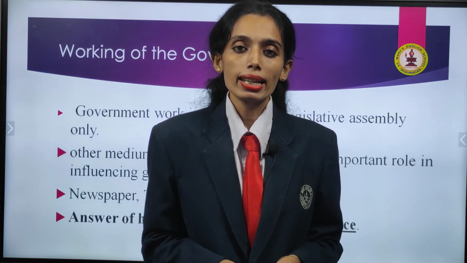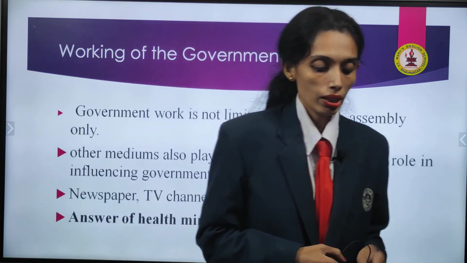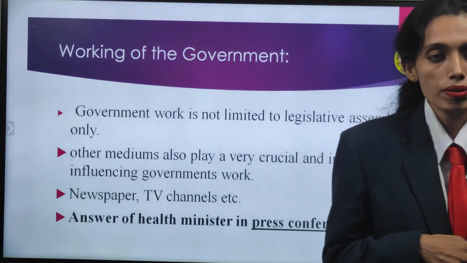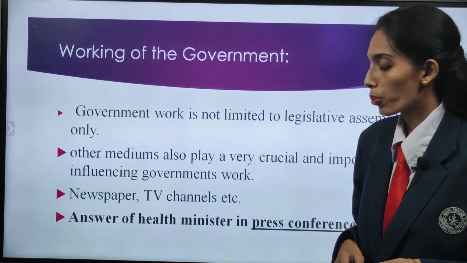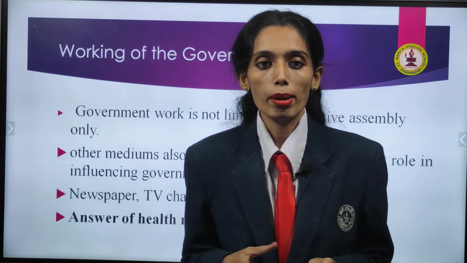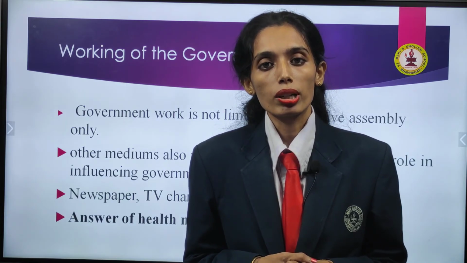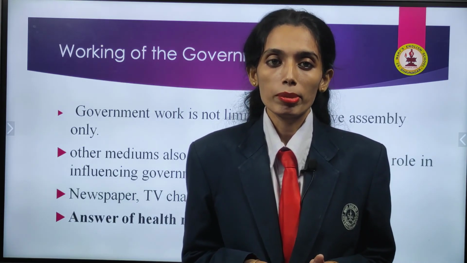This much you have understood, children: who is an MLA. In the next video, we will see the working of the government and Legislative Assembly. There will be a debate taking place between the MLAs. We will see a story which we will try to understand through an example. So, we will meet in the next video.